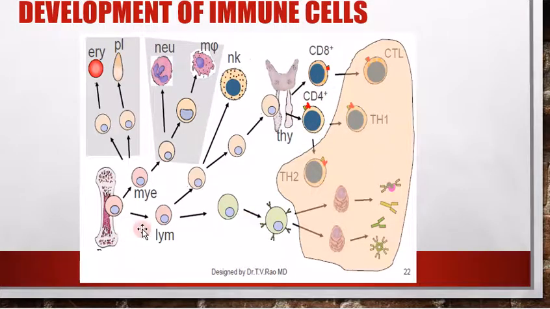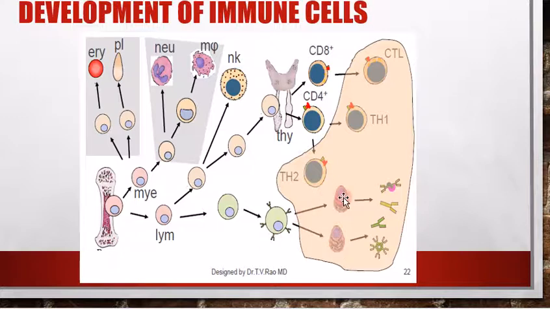The final line is that lymphoid cells also differentiate, not going to the thymus, but continuing to float in the blood vessels, and then they go elsewhere, or finally go to the lymph node. These cells differentiate into plasma cells or memory cells.